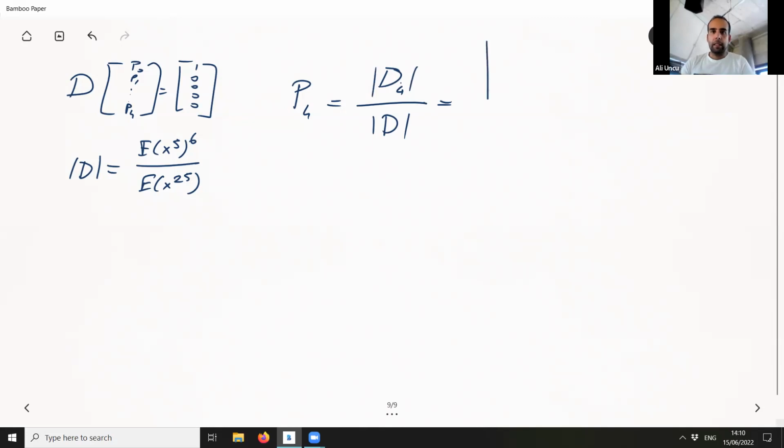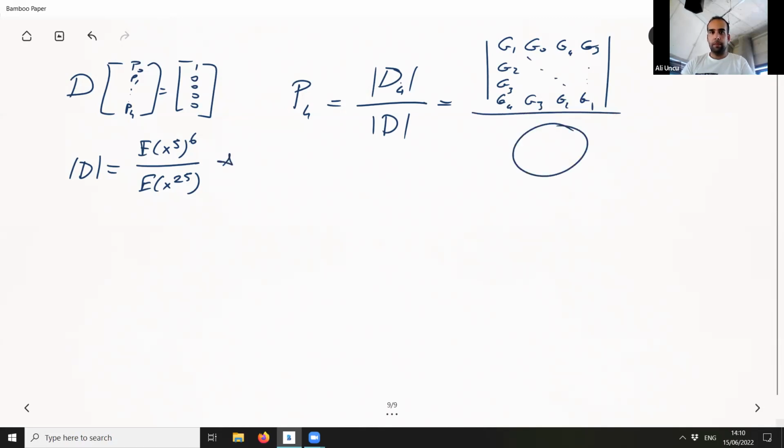I'm really ignoring the last row and last column. G0, G1, G2, G3, G4, and G3, G2, G1. So G1s are going that way, divided by this star. Cool.